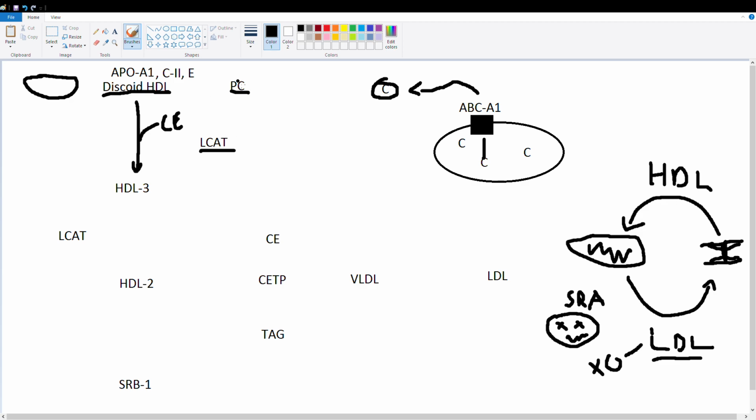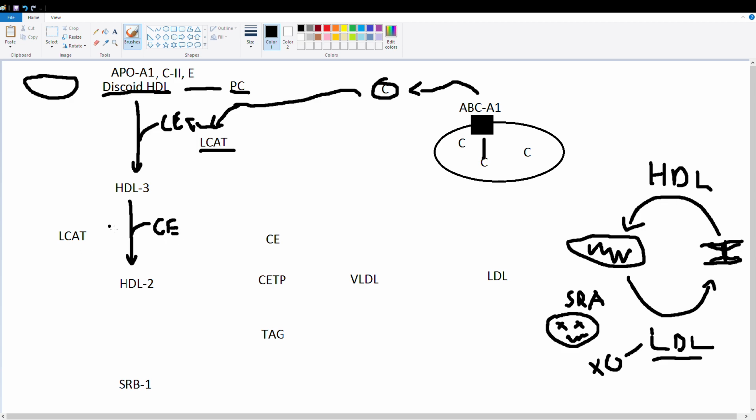So LCAT's going to rip a phosphatidylcholine off of your HDL, the discoid form, and it's going to use that acyl group in order to turn your cholesterol into a cholesterol ester. This cholesterol ester is then going to be packaged into your HDL, and you're going to form HDL3. Then this HDL3 gets more cholesterol ester packaged into it by the same method using another LCAT, and we form HDL2.